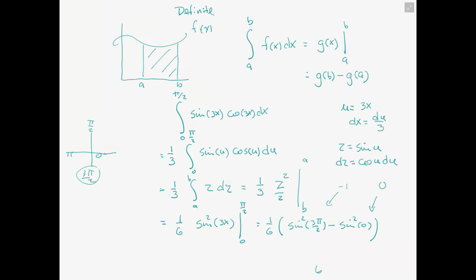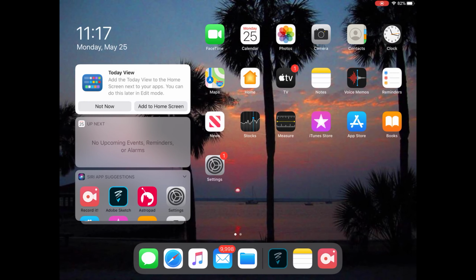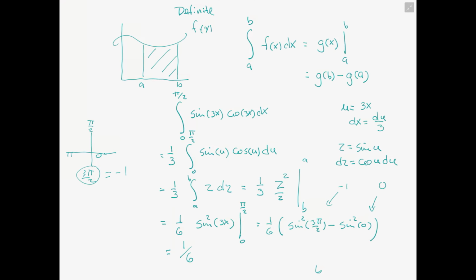If we go back to our knowledge of trigonometric functions, we've got pi on 2, pi, 3 pi on 2, and this is 0. And sine of this is -1.